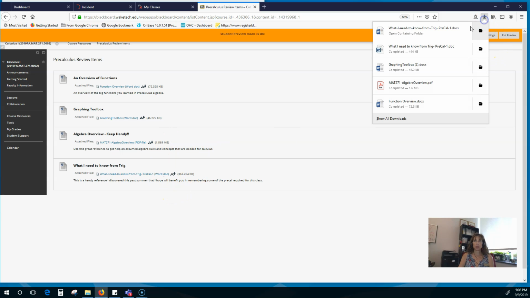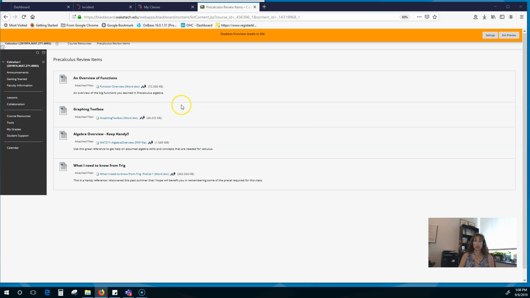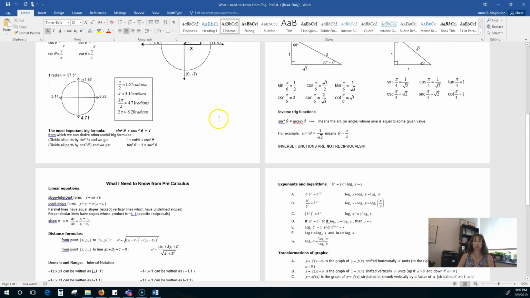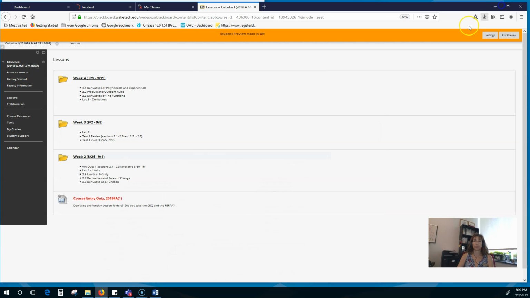So this is a really good reference with a lot of good information all in one place. If you print it, it's a good thing to reference as you're doing your homework. There's a lot of stuff on 4 pages, so this is a really good thing to have handy.